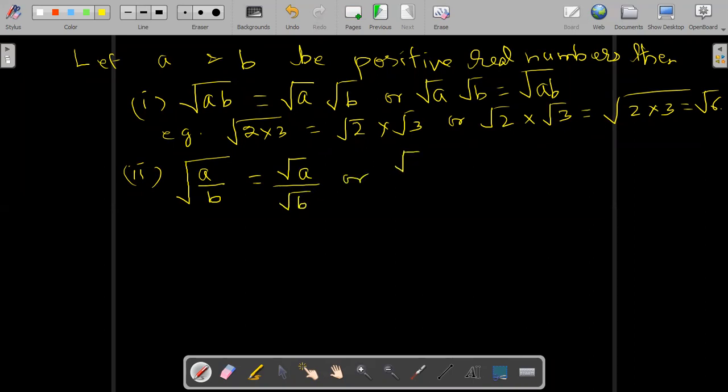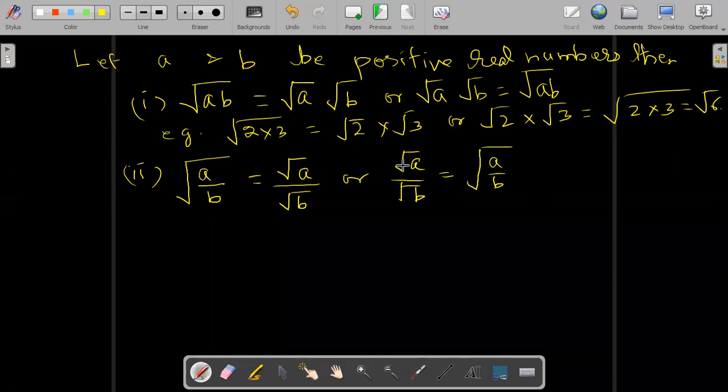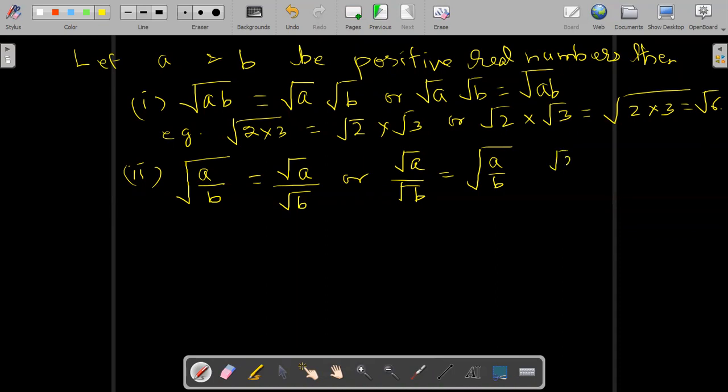If root A upon root B is given, we can write it in the same root. We can divide first and then take the root, or take the roots separately and then divide, same thing. Examples, if you are given root 2 on root 3, you can write it in the same root, 2 by 3, or the opposite of it also.